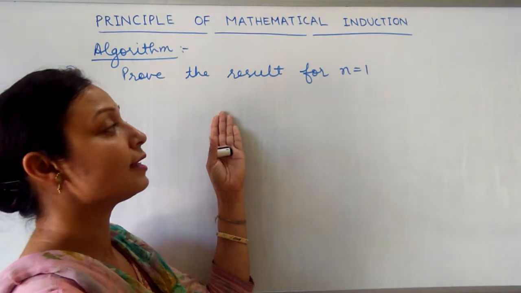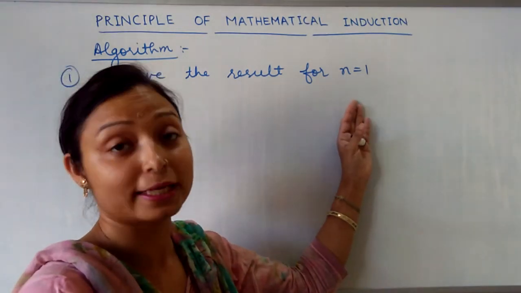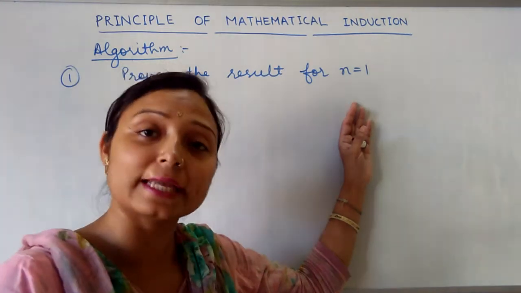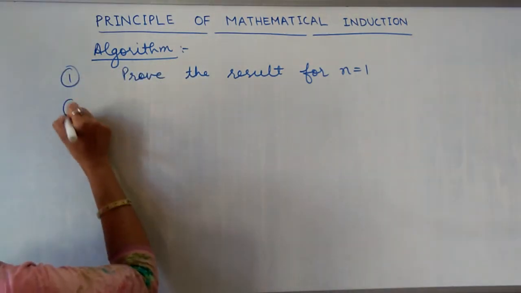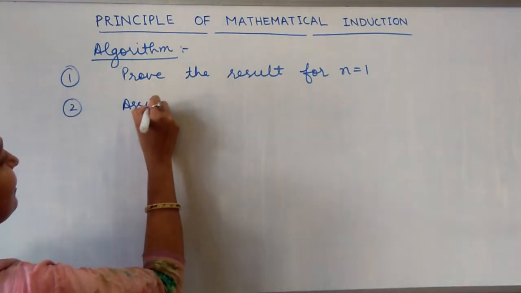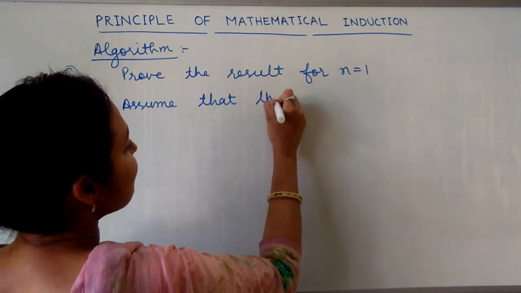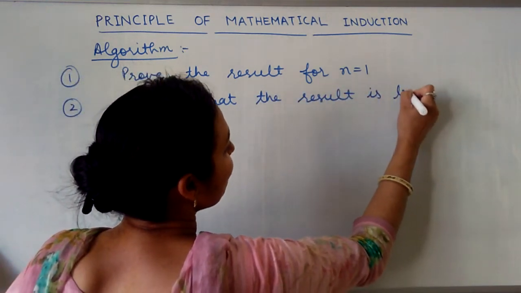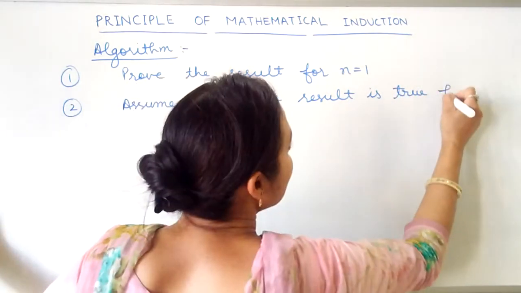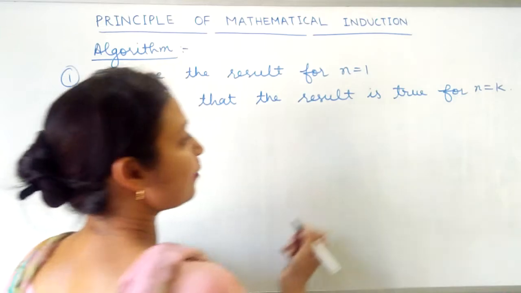Okay, the left hand side and right hand side will both be equal when you substitute n equals to 1 in place of n in the given statement. Okay, in the second step, assume that the result is true for n equals to k. This is the second step.